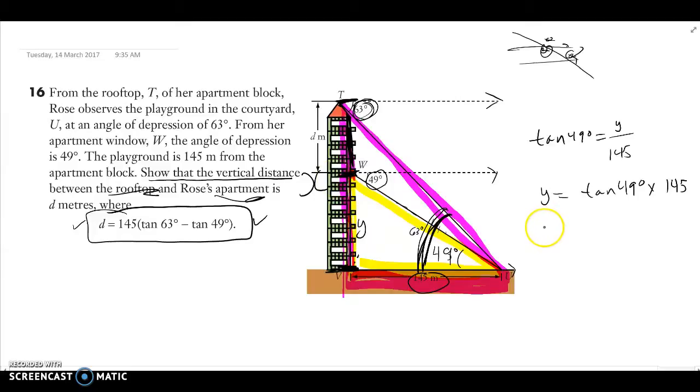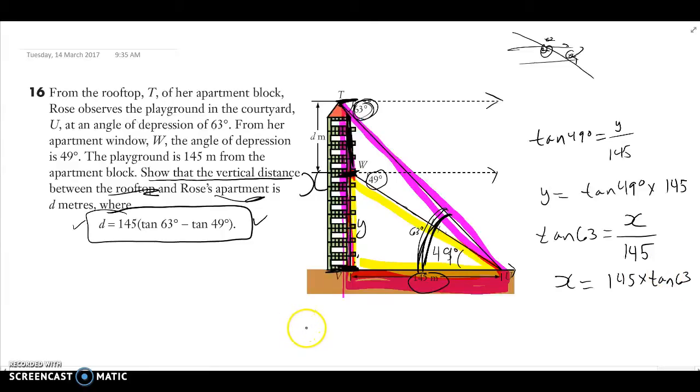So that would mean that the tangent of 63 would equal x, opposite over adjacent, 145. So x would be 145 times the tangent of 63, right?